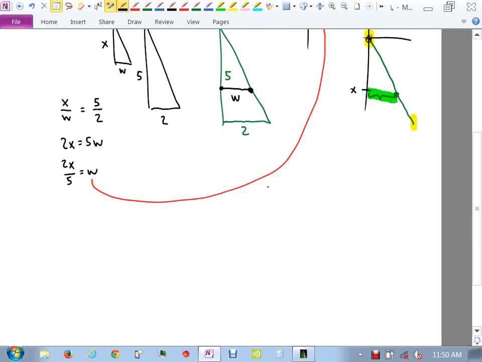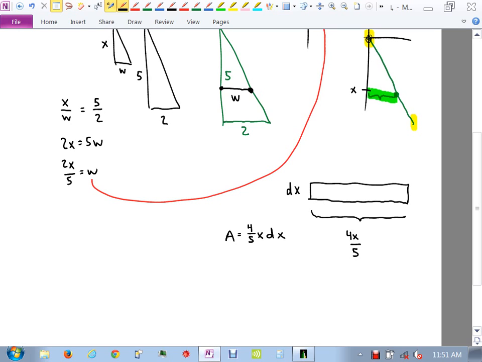The area of our little strip right here, we said that this was dx. Well, we didn't say that, but we know that from last problem. We know that this will be twice 2x over 5, so 4x over 5 is how wide it is. And so the area is 4/5 x dx.